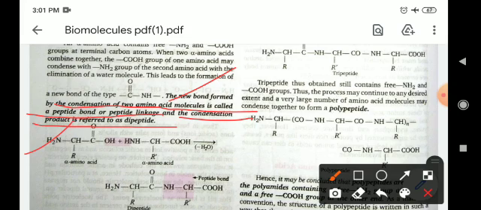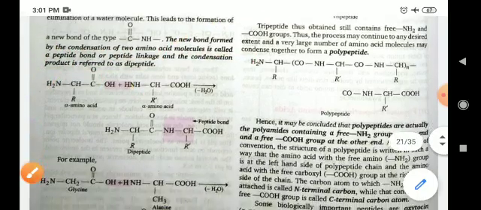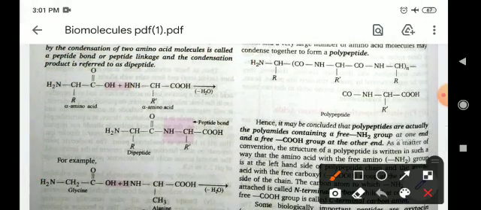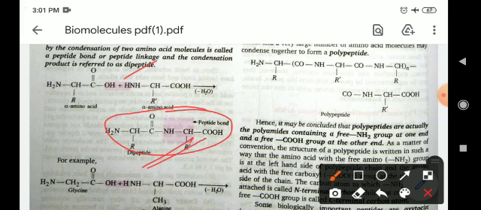For example, when an alpha amino acid and an alpha amino acid combine, there will be a removal of a water molecule and this dipeptide compound will be formed. Okay, it is known as the dipeptide because it is formed by the condensation reaction of two amino acids.